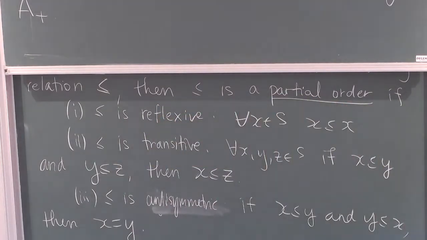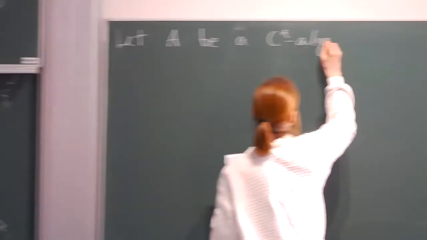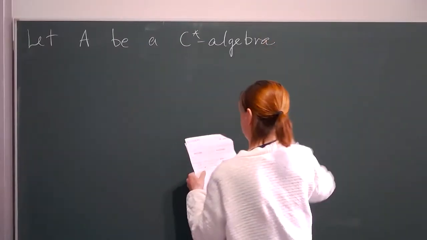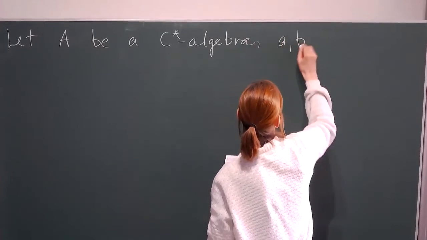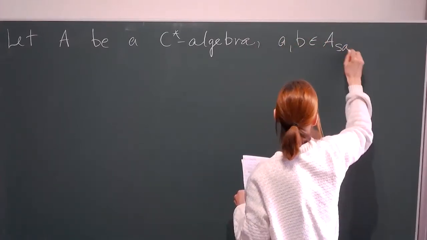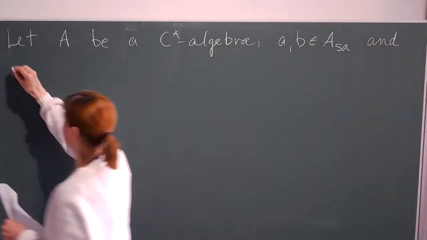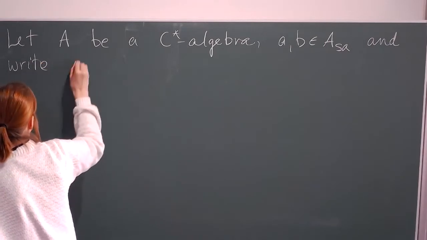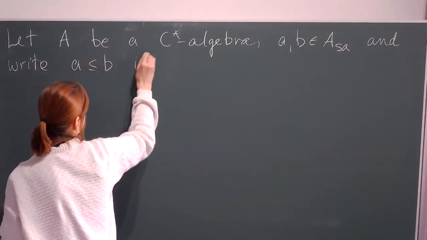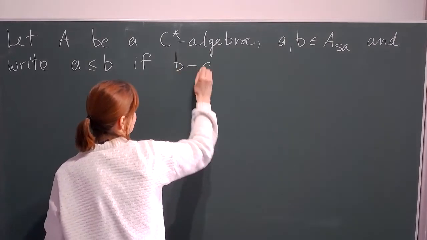Okay, so this positivity condition allows us to define a partial order on the self-adjoint elements. So how do we do that? Well, take two self-adjoints, and we say that A is less than B if the element B minus A is positive.